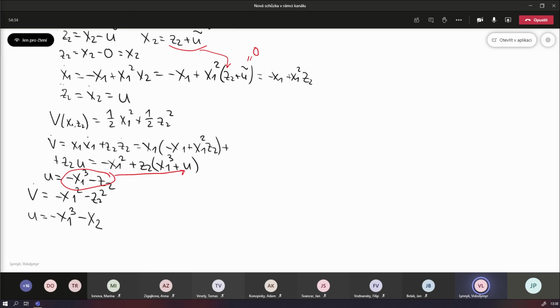Now we can use this control and put it into our system, and finally we can stabilize the original system with this type of control. Any question?